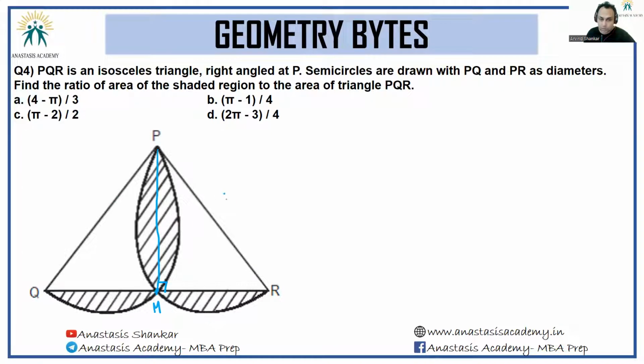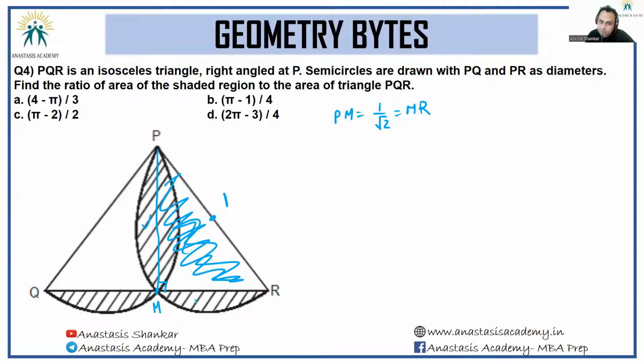So let's say this was 1. If this was 1, so PM and MR. PM would be equal to 1 by root 2, which would also be equal to MR. Now, because PR was the diameter, can you see PMR is basically a semicircle from which area of triangle PMR is removed.